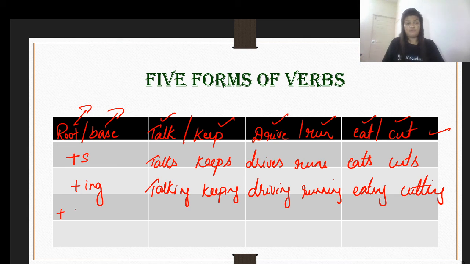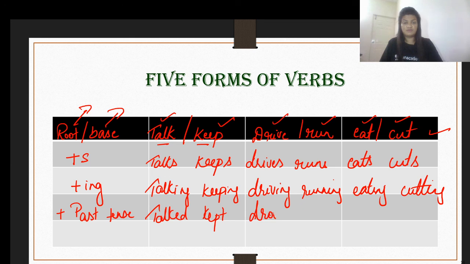The next form is the past tense. The past tense of talk is talked, keep is kept, drive is drove, run is ran, eat is ate, cut is cut. The last form is called the past participle.